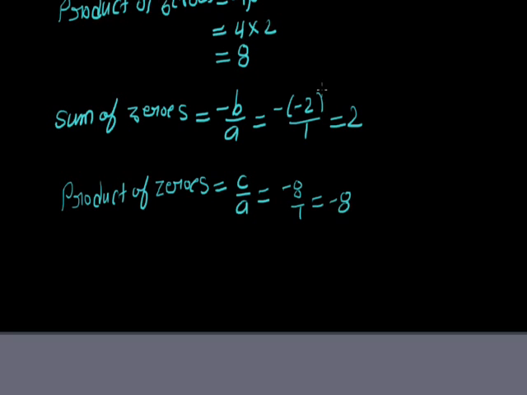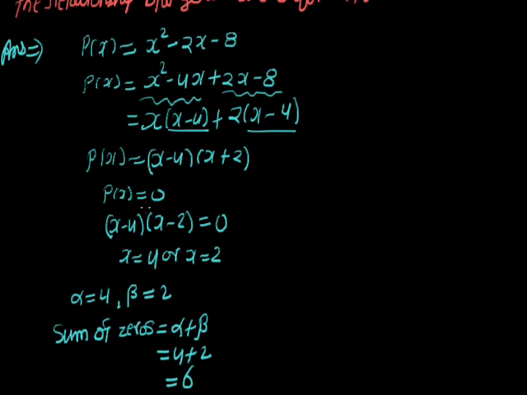Okay, so in this manner we have solved this question. But we have done some mistake. The factors are x minus 4 and x plus 2, so if we equate this to 0, we get x is equal to minus 2.